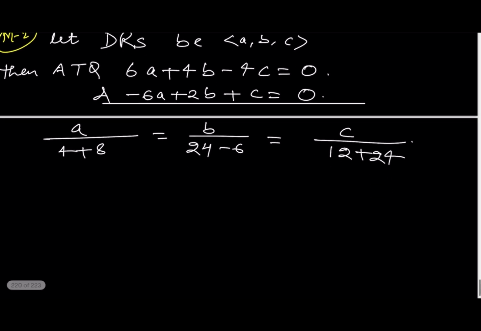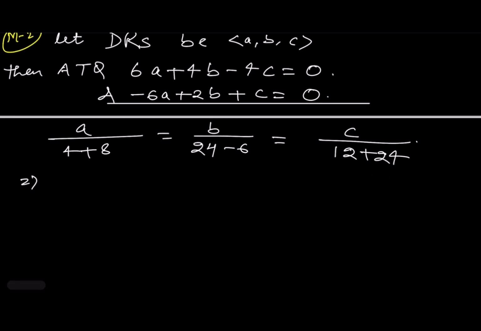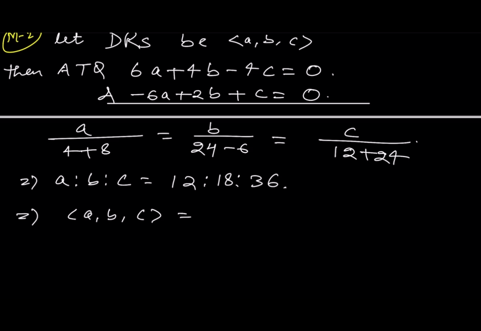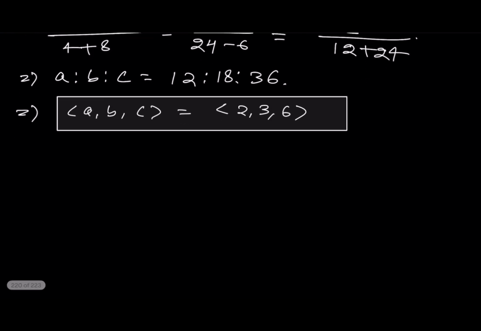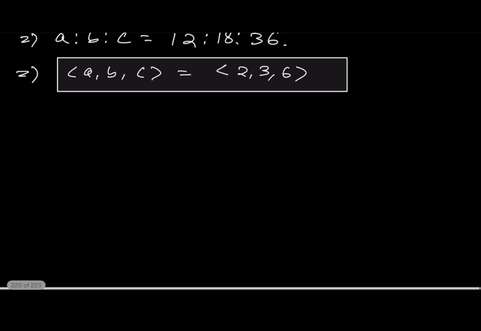So from here a is to b is to c is nothing but 12 is to 18 is to 36, or a, b, c can be 2, 3, 6, right? 12, 18 and 36 is also correct.